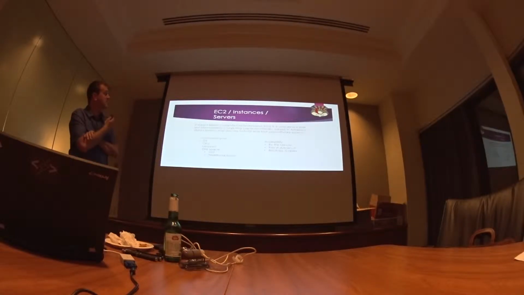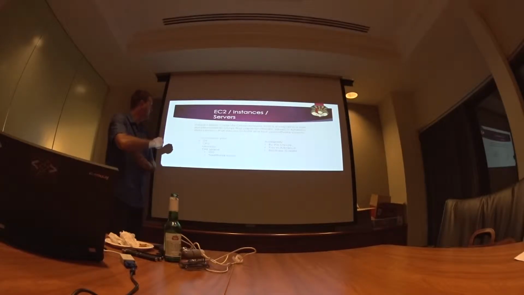So this is what an EC2 or an instance is. Elastic Compute Cloud is the official name, and they call it an instance. So each instance that you spin up, an instance is more geared towards the actual hardware.